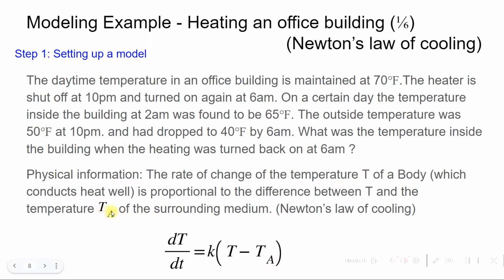TA is the temperature of the surrounding medium, and K represents that the rate of change of temperature T is proportional to the difference between T and TA. So up to this point, it seems that we have already successfully deduced a mathematical model to translate the physical situation.